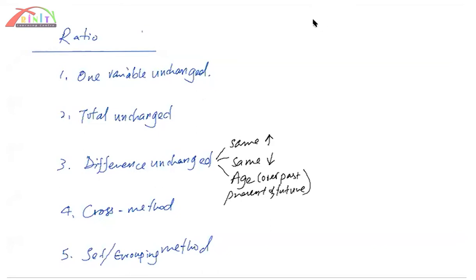If we focus on this now, then this is what you need to know. If I give you two persons, A and B, again, we have start and end. But this time, we know that it is a difference unchanged question. So instead of writing the word total, I write the word difference.